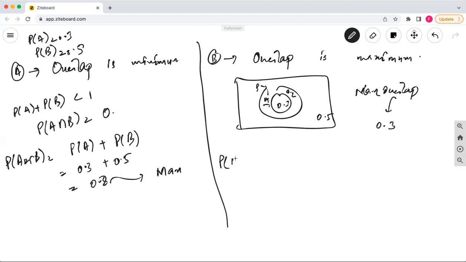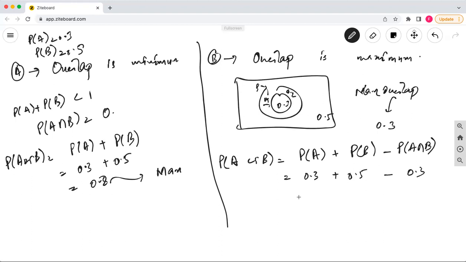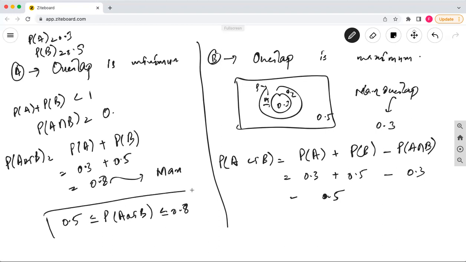In that scenario, probability of A or B is equal to probability of A plus probability of B minus probability of A and B. So this will be 0.3 plus 0.5 minus the overlap 0.3, which is 0.5. So in this scenario, the probability of A or B has to be greater than or equal to 0.5 and less than or equal to 0.8, right? At first we discussed the AND case, now we have discussed the OR case.